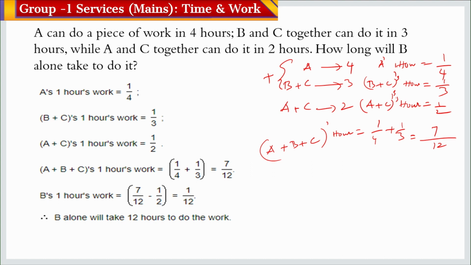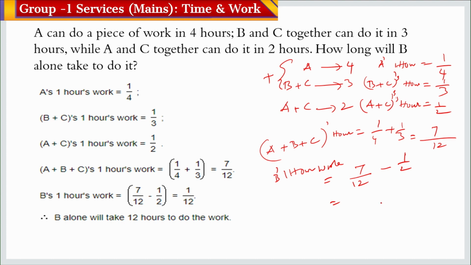Okay. Now B is what is required: how long will B alone take to do it, correct? Now we want to know B's work. B's 1 hour work, how to get it? A plus B plus C 1 hour work is 7 by 12. A plus C 1 hour work is 1 by 2. So A plus B plus C 1 hour work minus A plus C 1 hour work gives B's 1 hour work.